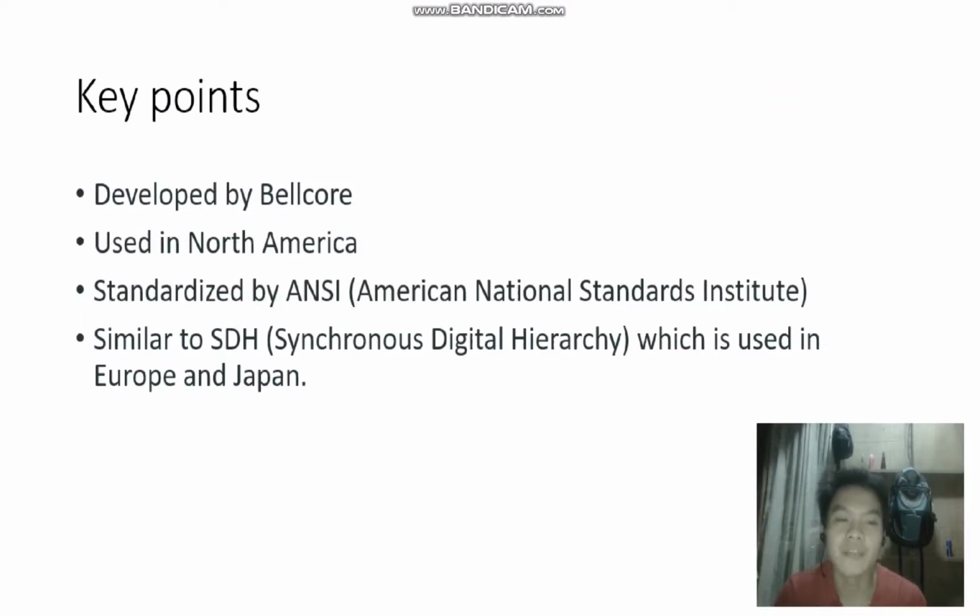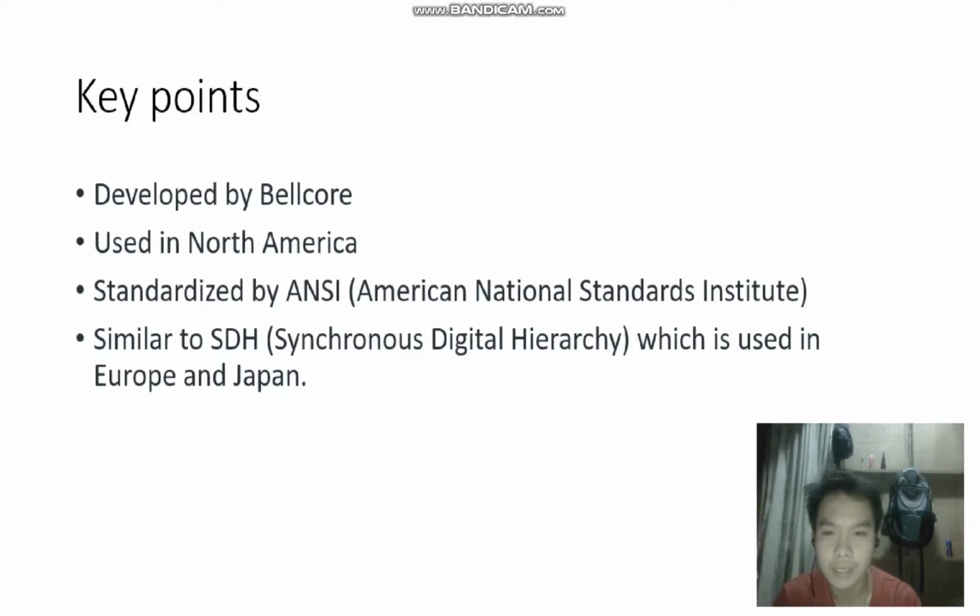So these are the key points, or the keywords, that we need to know in SONET. SONET is developed by Bellcore. It is used in North America. It is standardized by ANSI. So what is ANSI? ANSI is the American National Standards Institute, and it is also similar to SDH.